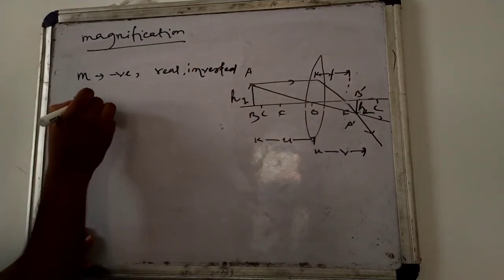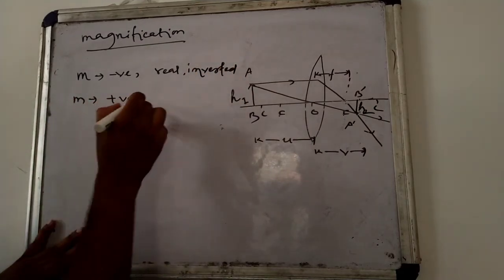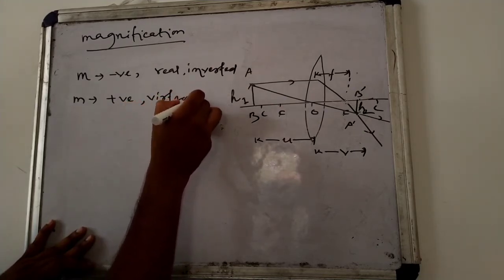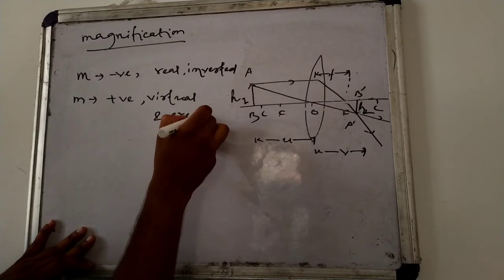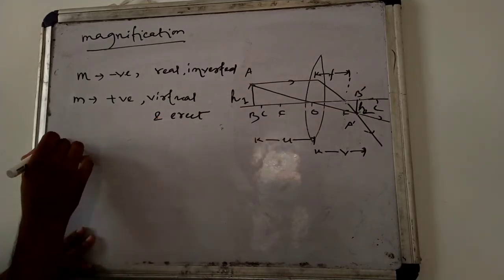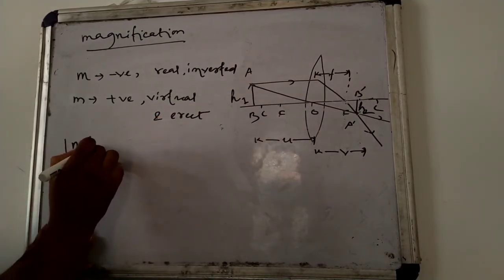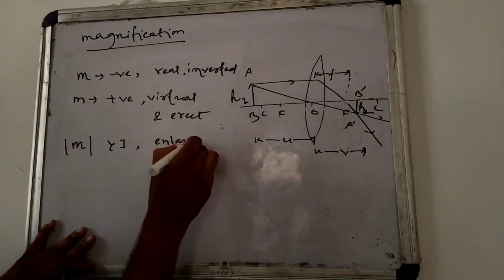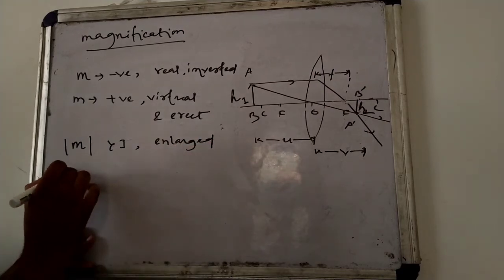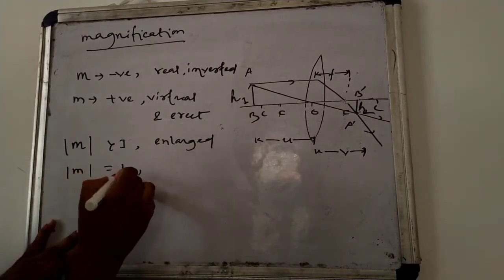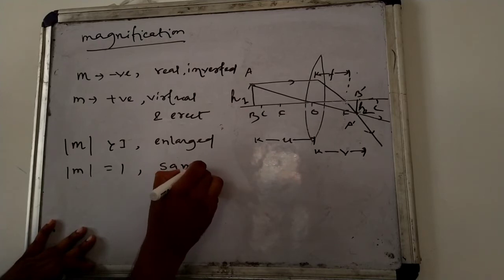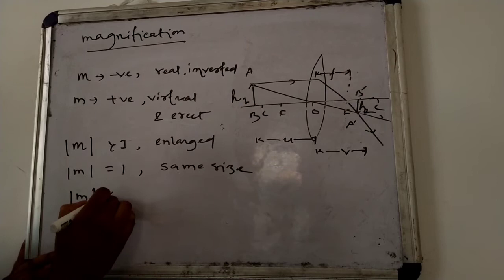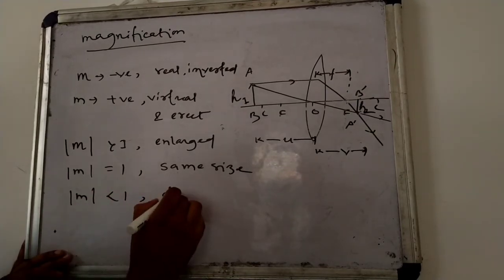Now if magnification is positive, then it will be virtual and erect. Next, if modulus of magnification is greater than 1, the image will be enlarged. If modulus of magnification is equal to 1, then both will have the same size. And if modulus of magnification is less than 1, then it will be diminished.